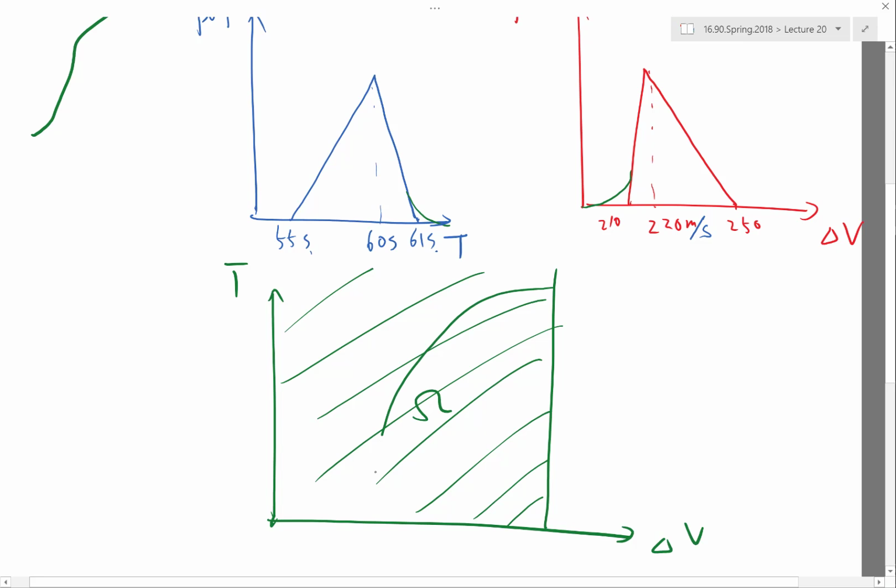If you can carve out this region and say this region is safe, then for every sample, I'm going to look at whether I'm in this region or not. If I'm not in this region, I'm going to perform a simulation. If I'm in this region, I'm going to count it as 0 probability, right? So that's a very smart method of reducing the number of simulations you have to do.